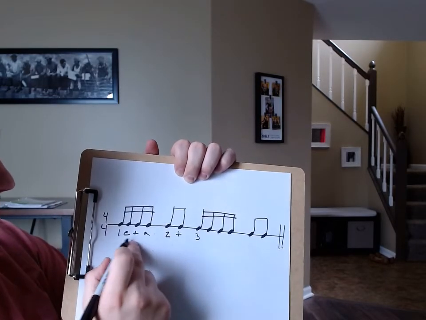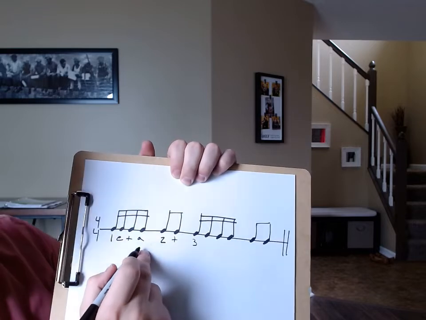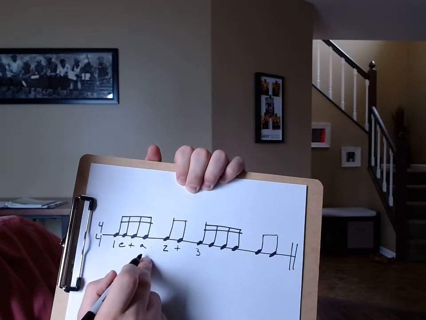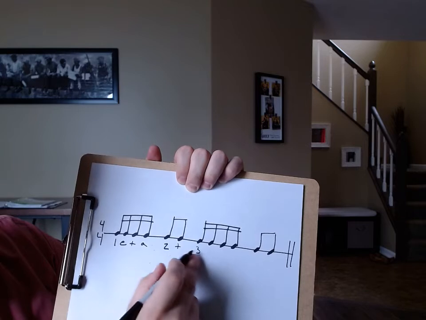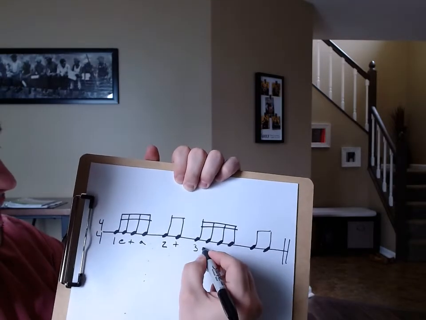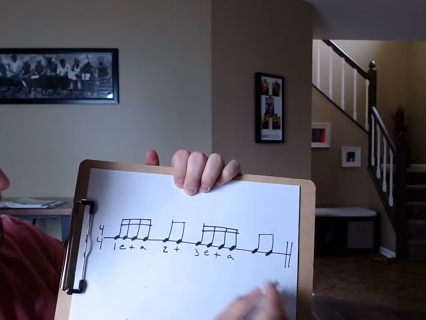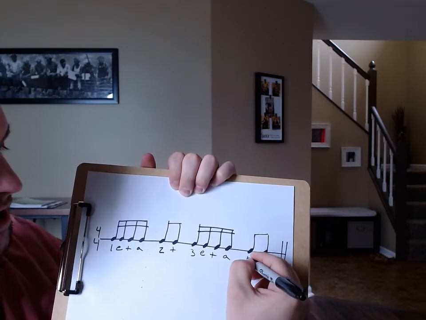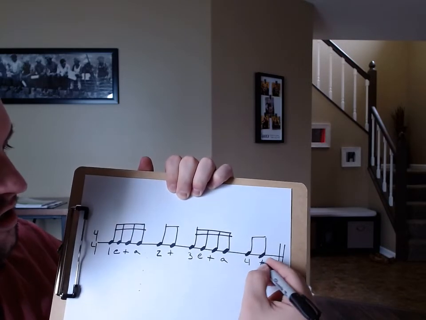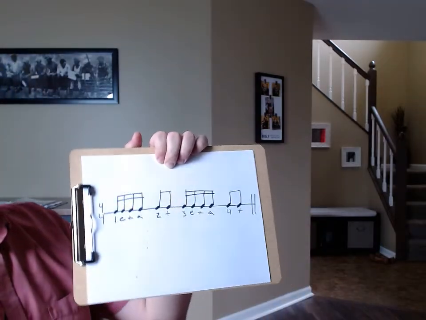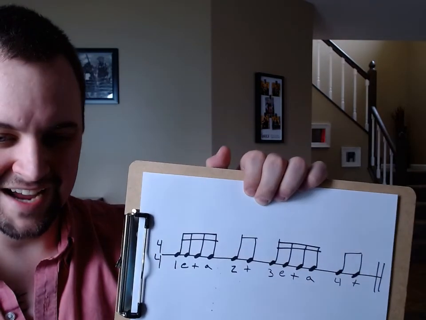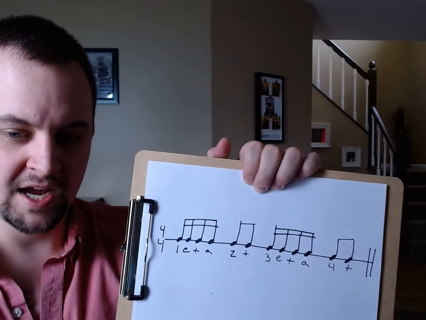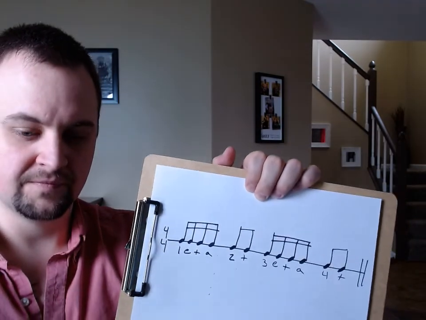So we use our pre-knowledge of how 16th notes are counted. And we go 1 E and a here, but it's the same thing on 3. 3 E and a. Then we close it out with what we know of our eighth notes, so we start with 4 there, of course, and then and. So this measure would sound 1 E and a 2 and 3 E and a 4 and, and that's it.